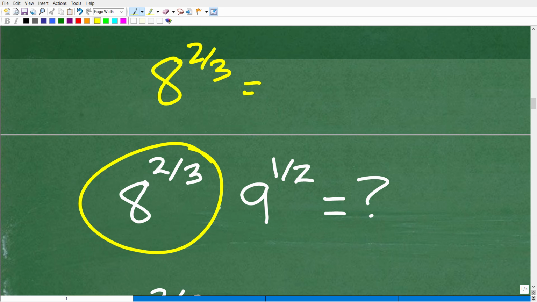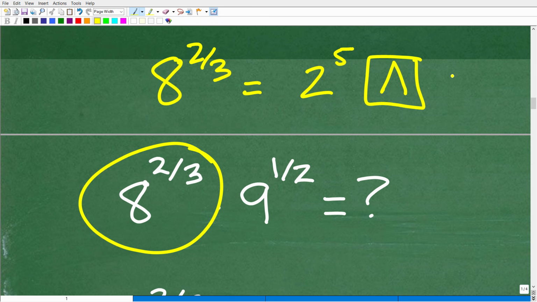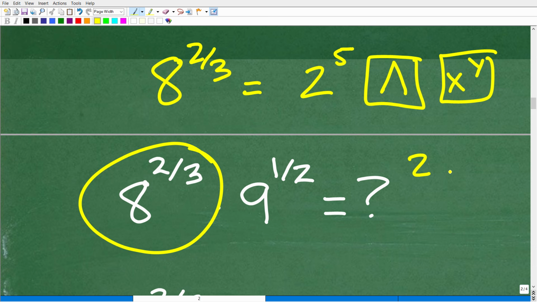In the older calculators, I think you should still do this as a habit. When you want to find the power of something, let's say you have 2 to the 5th power, you're going to use one of these keys, an upside down V, which is called a caret, or something like an x to the y. So if you wanted to find 2 to the 5th power, you would type in 2, then hit the caret key, then 5, and then hit enter, and you would get the value of that power.